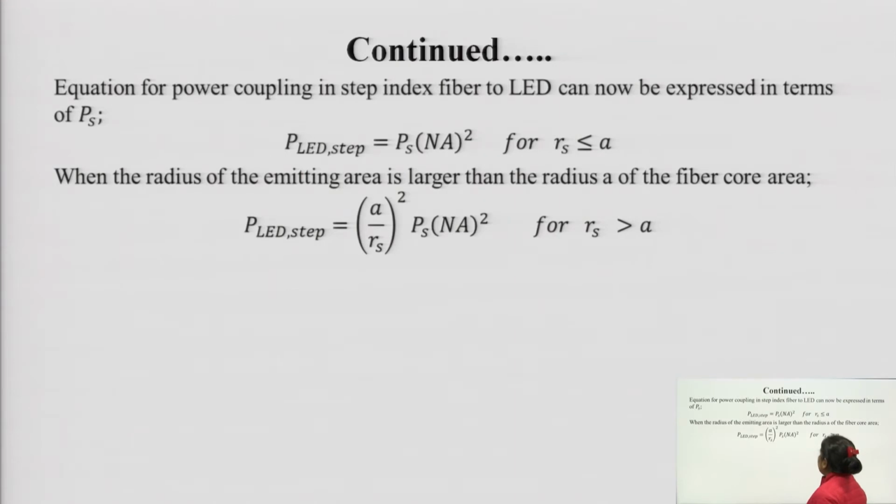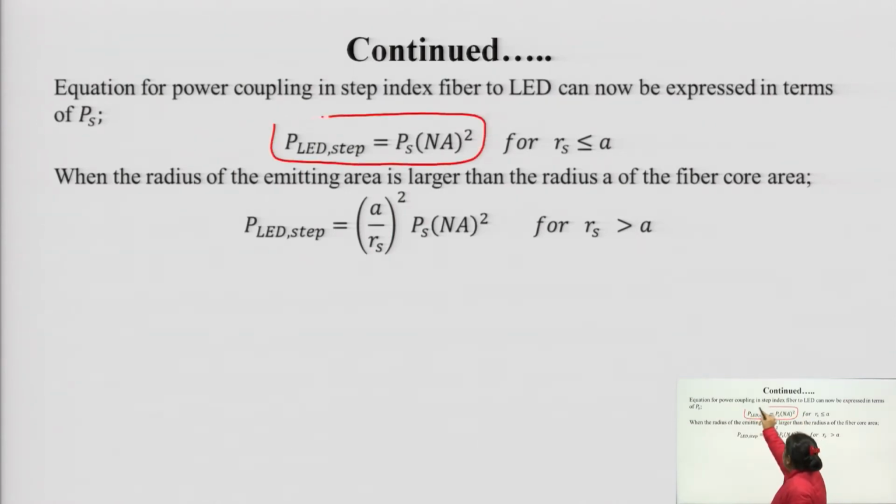And the equation for the power coupling in step index fiber is now expressed as this one, for the condition where Rs, the emitting surface radius of the source, is less than the core radius.